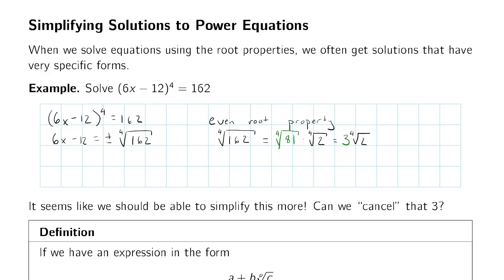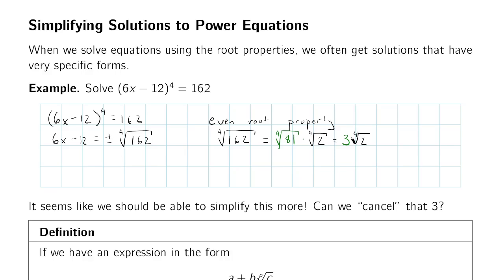And when I write this, I notice it's really hard to tell that 4 is the index and not an exponent. Make sure that your index stays really close to your radical, kind of in the crook, so you can tell that that's an index of the radical, not an exponent attached to the number.